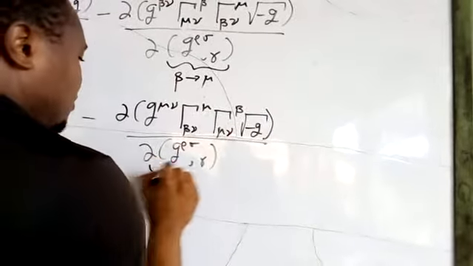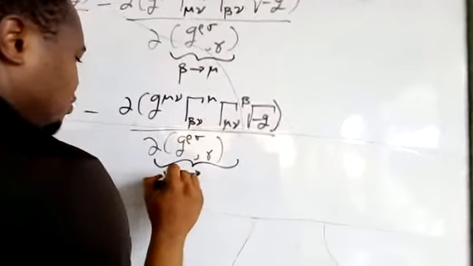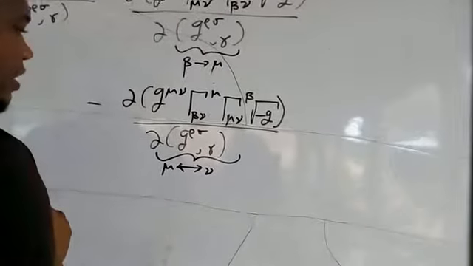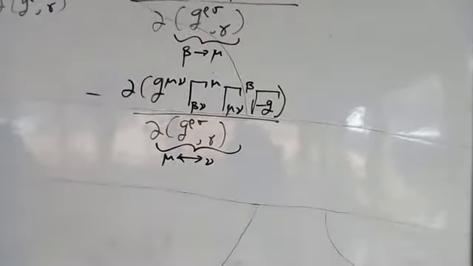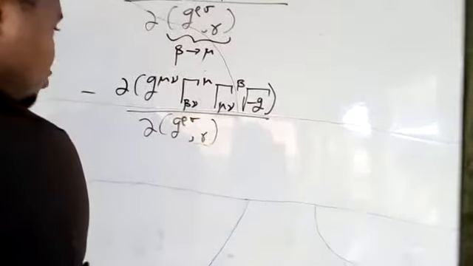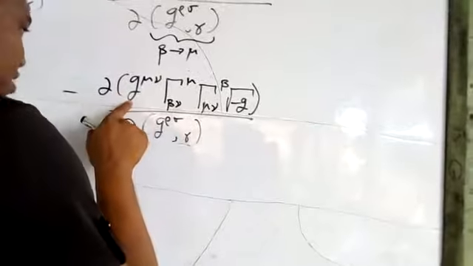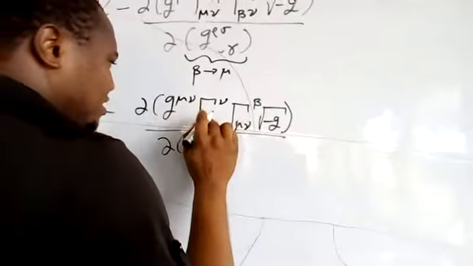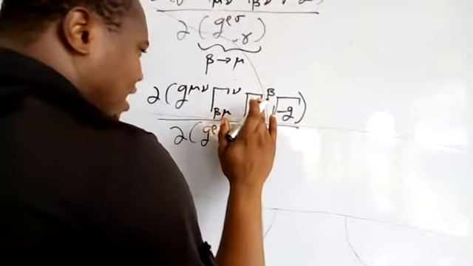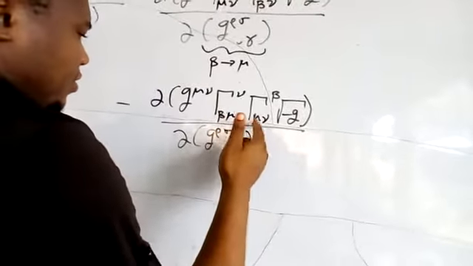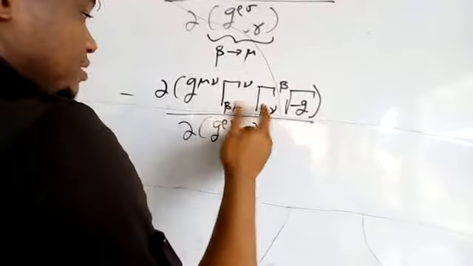I'll interchange nu. So first of all, I'm going to make an interchange between mu and nu. Without rewriting it in the next step and occupying space, I'll simply make the interchange between mu and nu. Of course, the metric tensor remains the same. So this becomes a nu, this becomes a mu. Nothing changes here because it will become symmetric.